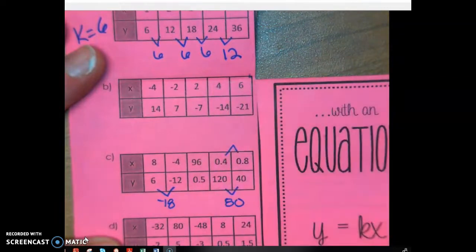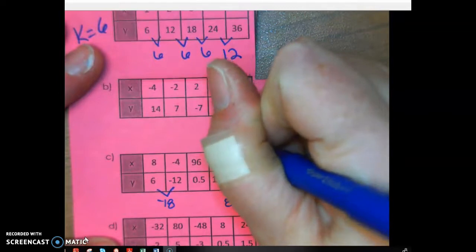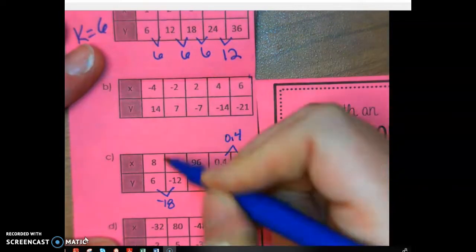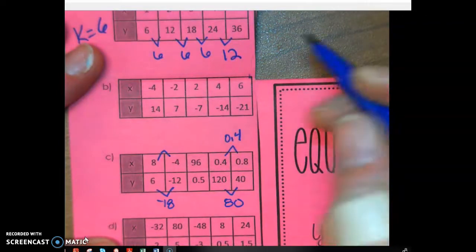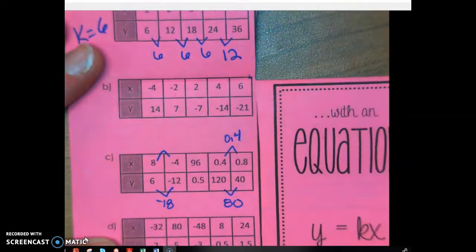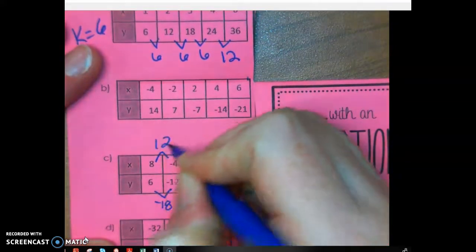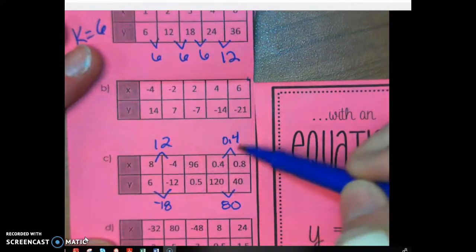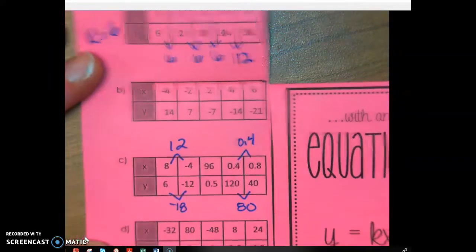Here, 0.4 to 0.8 is 0.4, and 8 to negative 4 is 12. Is 80 divided by 0.4 the same as negative 18 over 12?